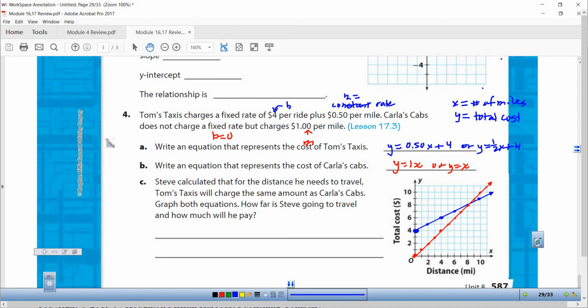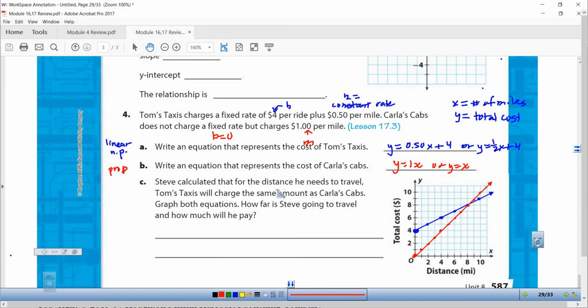That means that Tom is linear, non-proportional. I'm going to put NP for non-proportional, and Carla's cabs is proportional. Carla goes through 0, 0, and is linear, and Tom's does not go through 0, 0, but it is linear.